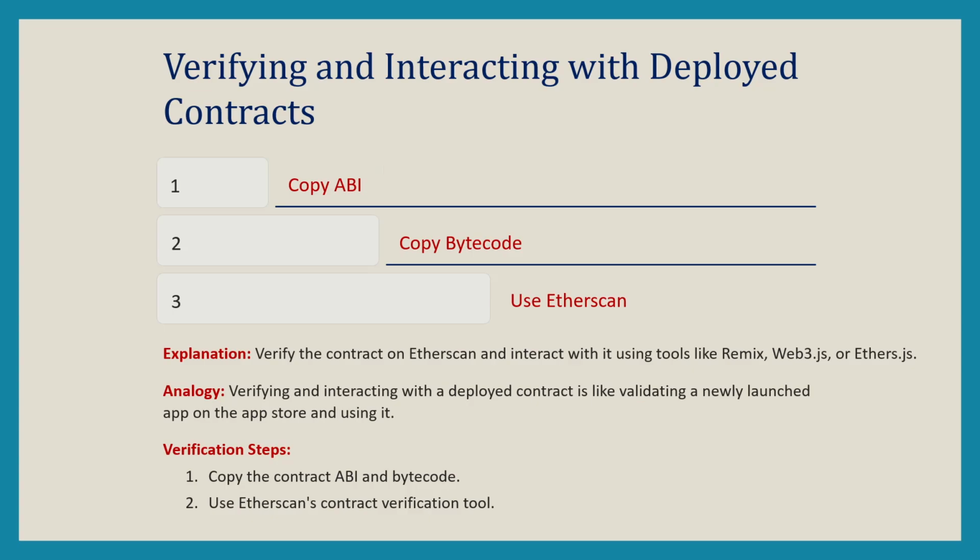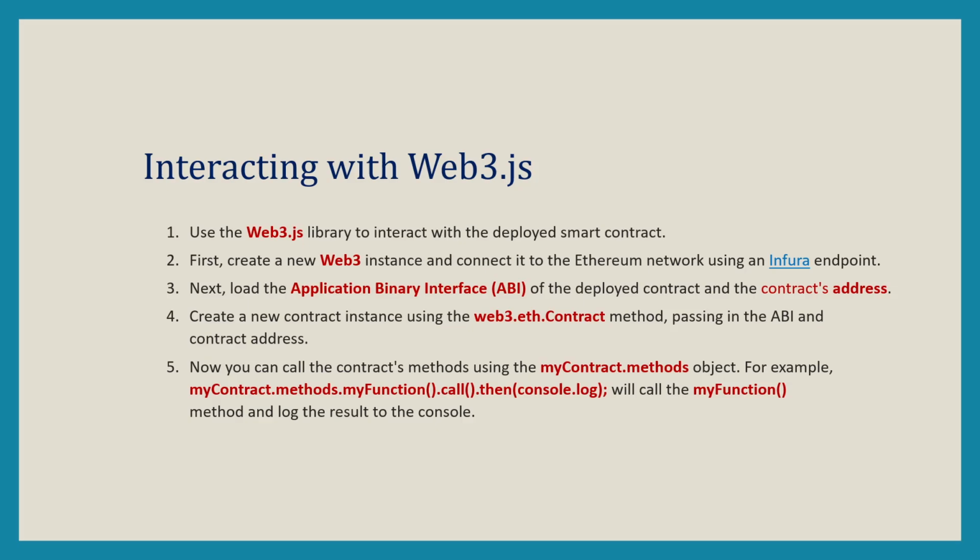We're going to be interacting with Web3.js. So this is JavaScript, right? So we use the Web3.js, again, JavaScript library to interact with the deployed smart contract. So what you can do is create a new Web3 instance and connect it to the Ethereum network using an Infura endpoint, as you have already done, right?